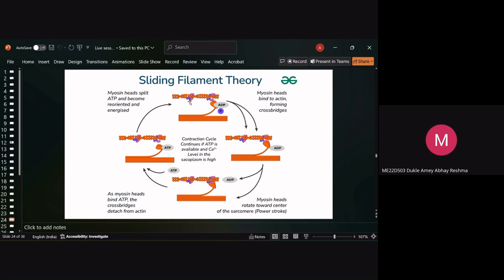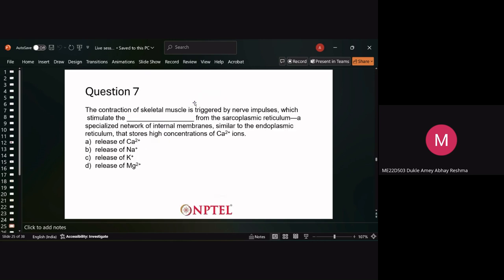Once the cross bridge has been formed, there is a rotation towards the center of the sarcomere, moving towards the center. Then there is detachment from the cross bridge, and then again the cycle continues. That is called the sliding filament theory.